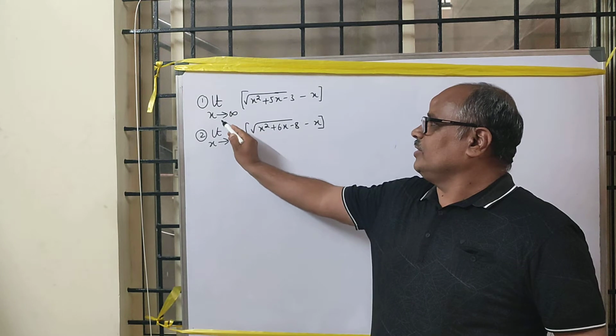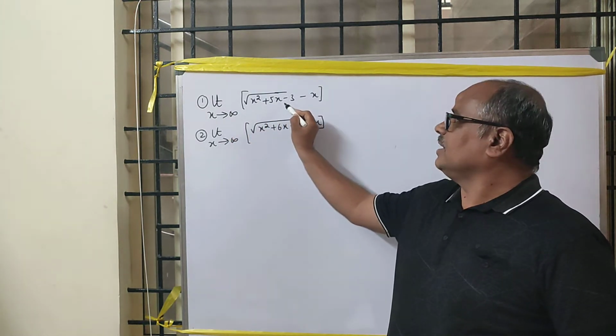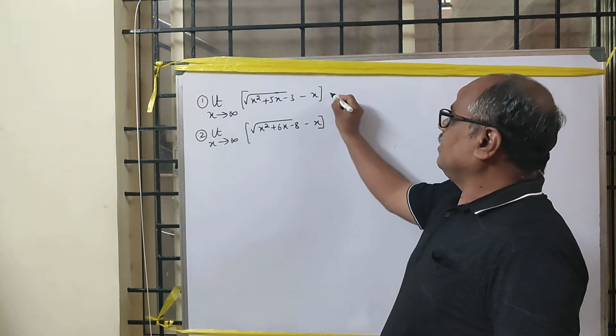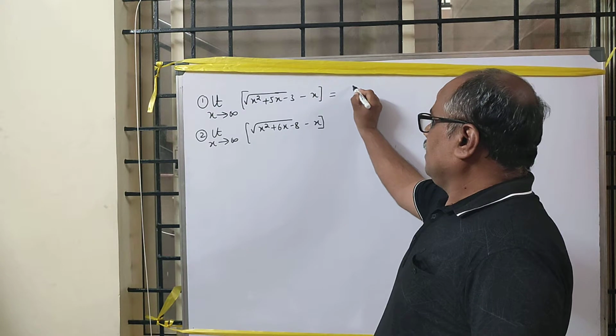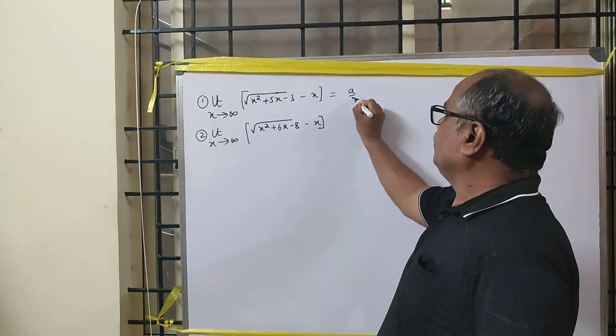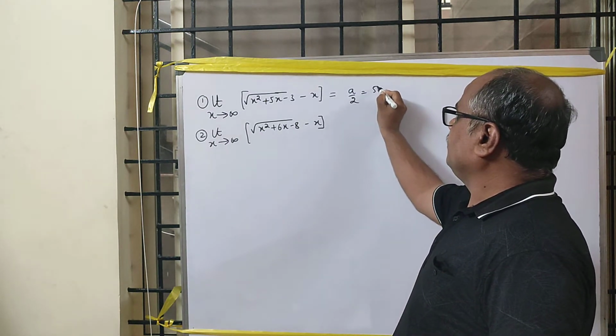Limit x tends to infinity, square root of x square plus 5x minus 3 minus x. The answer for this question is a by 2. It means 5 by 2.